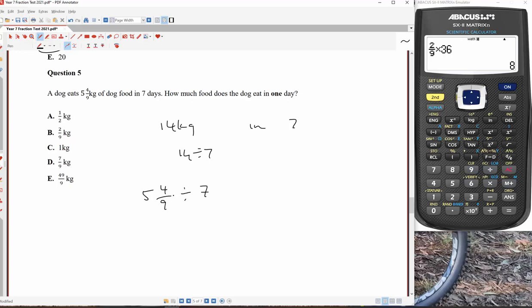It's just a fraction this time. So 5 times 9 is 45, 49 over 9 divided by 7, which is the same as 49 over 9 times 1 on 7. So that's going to be 7 on 9, D.